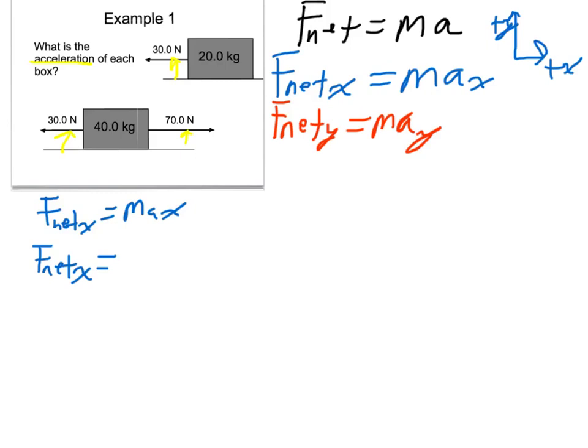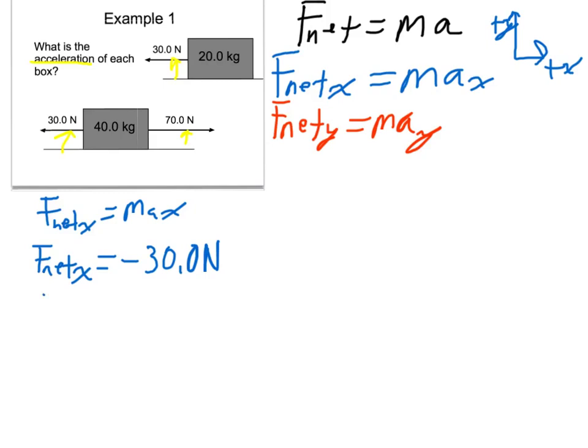So I see one left and right force, and that's the 30 newtons to the left. Since that's to the left, that's negative x, so F net x is 30 newtons to the left, which makes it negative 30 newtons. I don't see any other left or right forces on that first box, so that's F net x.